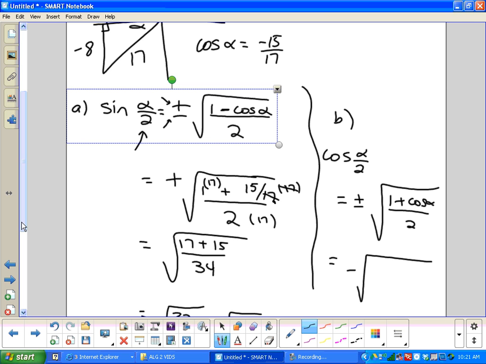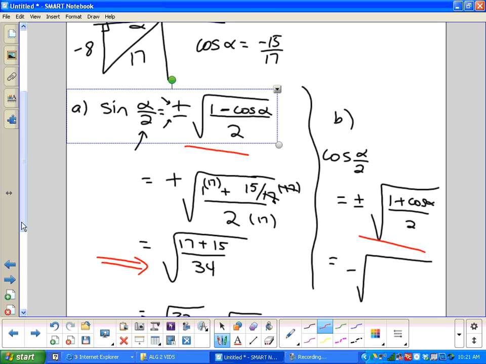Now, the rest of it, I'm going to see if you guys want to use a shortcut. There again, look at the difference in the two formulas. What's the only difference there? The sign. Instead of 1 minus cosine alpha, it's 1 plus cosine alpha. So what I'm going to do is just go to this step and tweak that formula a little bit.